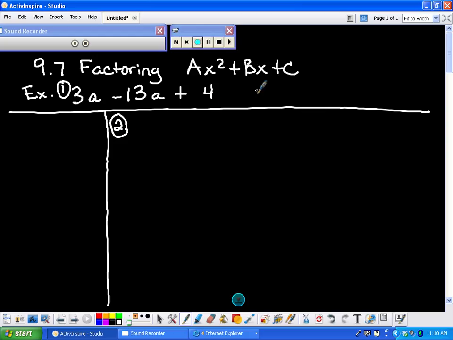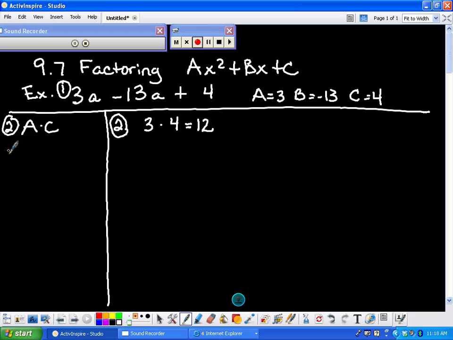With our first step, we should have identified a equals 3, b equals negative 13, and c equals 4. That's very important. For step number 2, I want you to multiply a times c. Our a is 3, and we multiply it by 4, and we get 12.